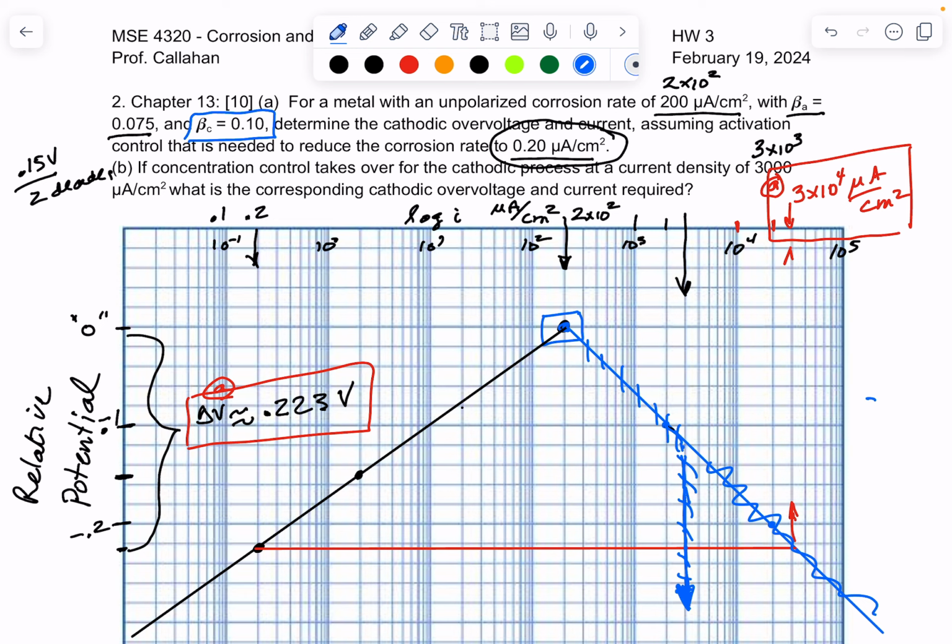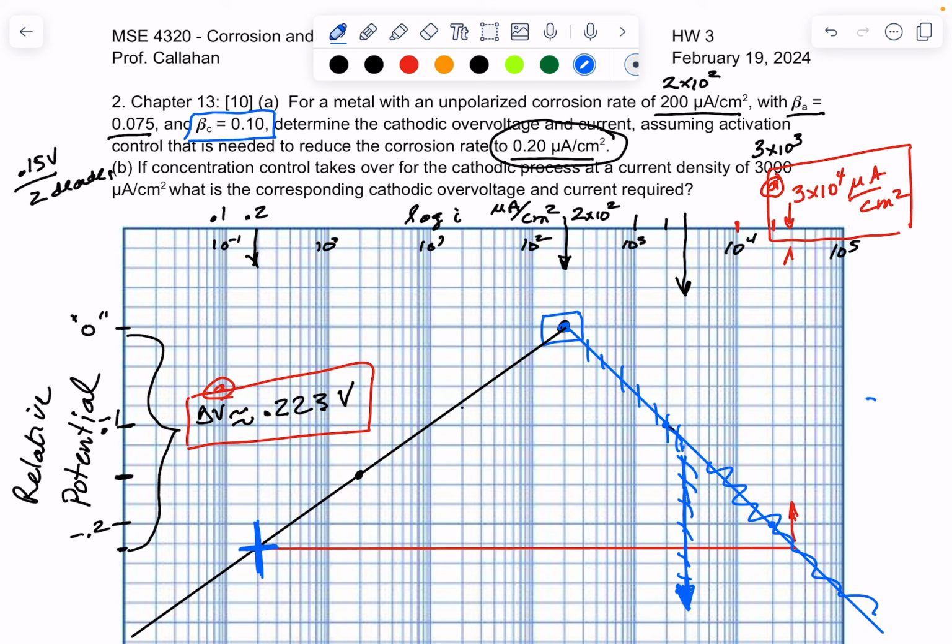And so that's what that means for concentration control to take over according to the image. And so the question then is, what is the corresponding cathodic overvoltage and current required? All right, so the amount of cathodic overvoltage is going to be the same. It's going to still be 0.223 volts because we need to be at this potential in order for that amount of metal reaction to take place.